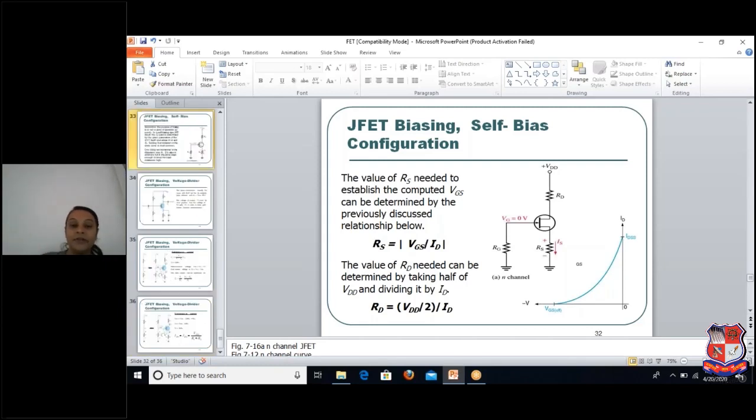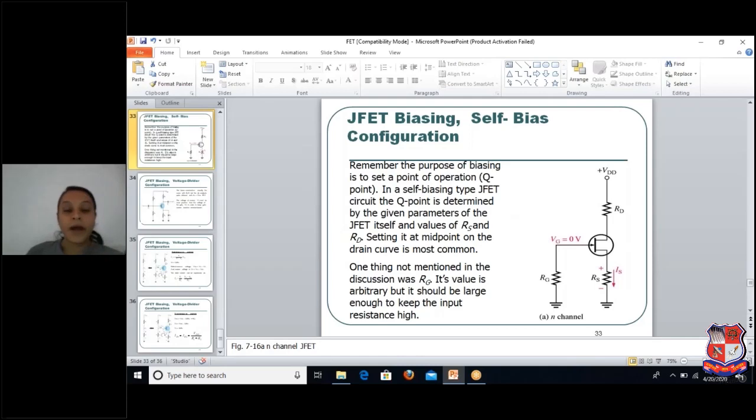Remember that the purpose of biasing is to set the point of operation, which is known as the Q point. Whenever we find the Q point in BJT, then what happens? From that point, we will determine by the given parameters of JFET itself and the value of RS and RE. Okay. So setting it at the midpoint on the drain curve is the most common.